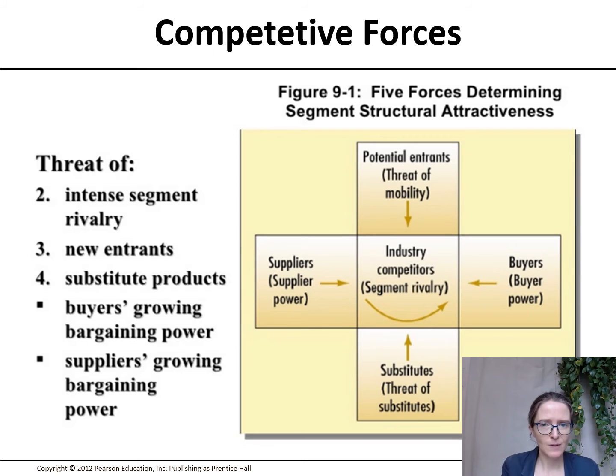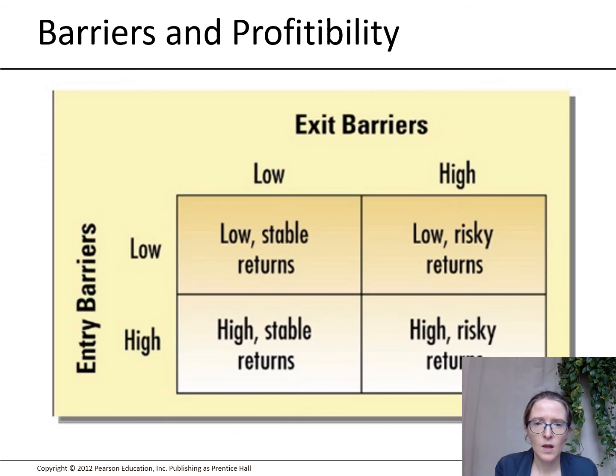We've got the threat of substitutes, the threat of mobility from potential new entrants. So we've got this idea of substitute products coming in, buyers growing bargaining power or suppliers growing bargaining power, intense segment rivalry, or potentially new entrants. This model here is known as the 5 forces which determine the segment's structural attractiveness.